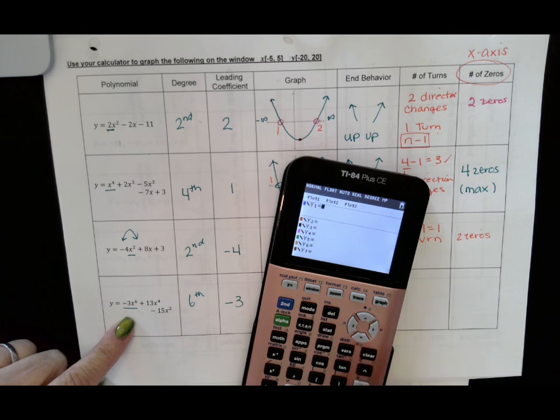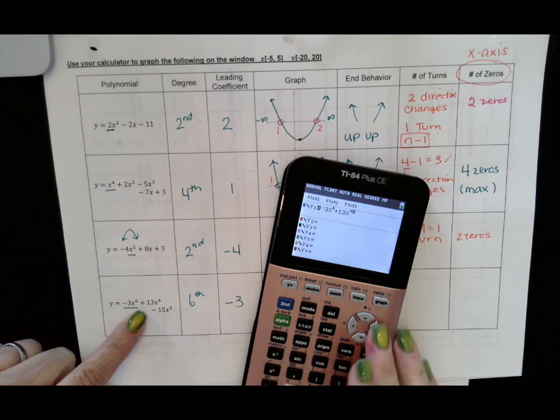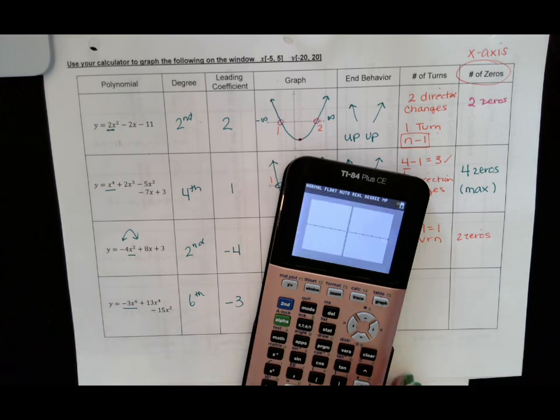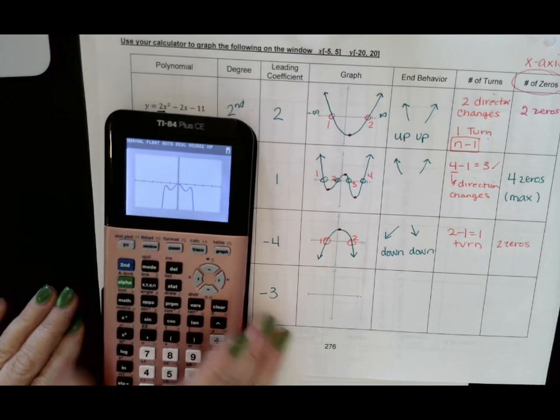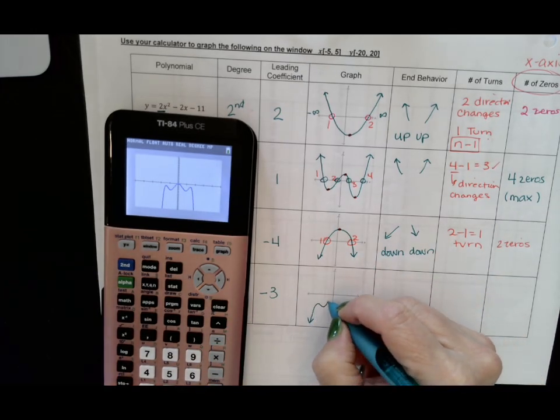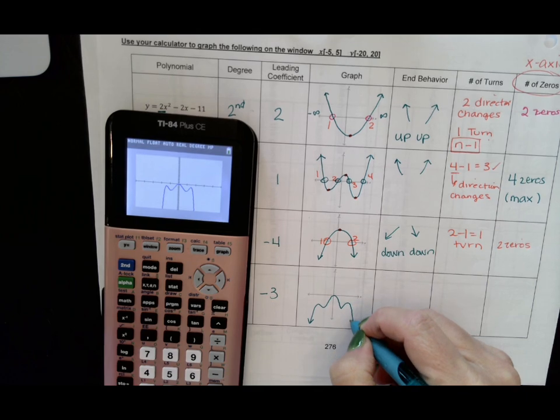So if I plug this in, negative 3x to the 6th plus 13x to the 4th minus 15x squared. And now I'm going to graph it. Okay, so let's sketch this guy. So I have something that looks like this, and then goes up here, and then goes like this.